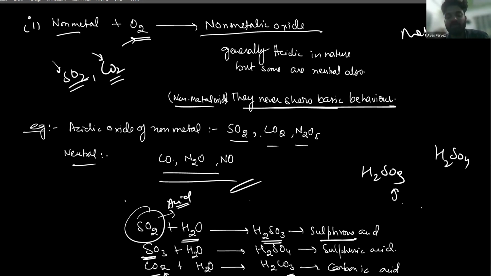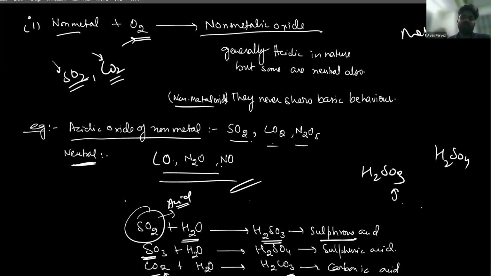Examples of acidic non-metal oxides are sulfur dioxide, carbon dioxide, N2O5. Examples of neutral oxides are carbon monoxide (CO), N2O, NO, etc. So note it down, please.